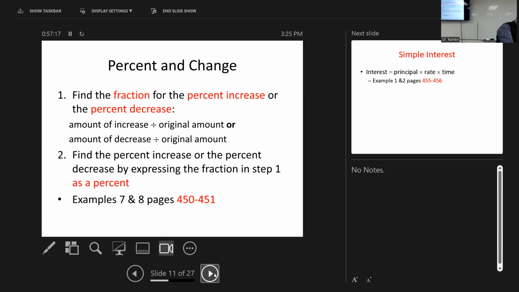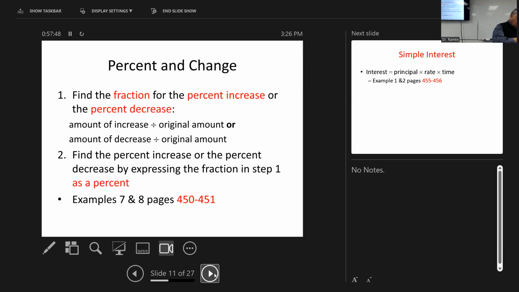So they take 30 billion minus the original one, 6 billion, you get 24, and you divide that by the original population, the 6 billion, you get 4, you multiply by 100, you get 400%. So the high projection is this, that by the year 2150, the population of the world is going to increase 400%.